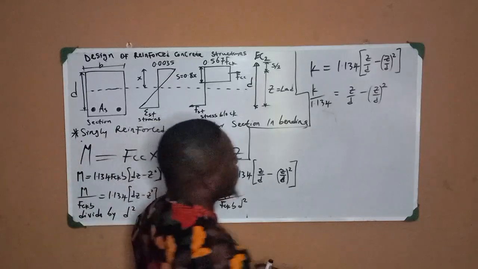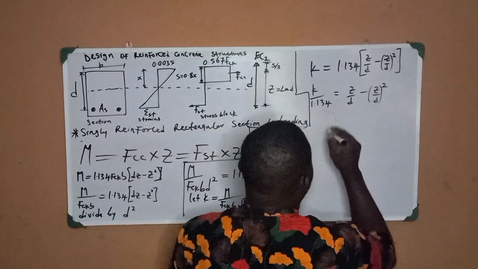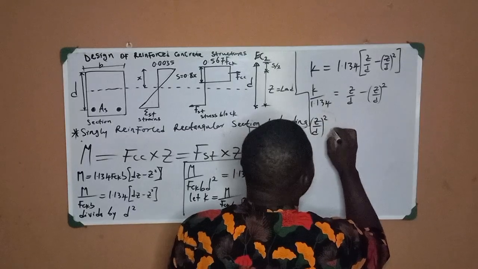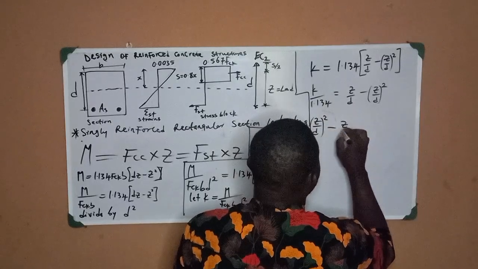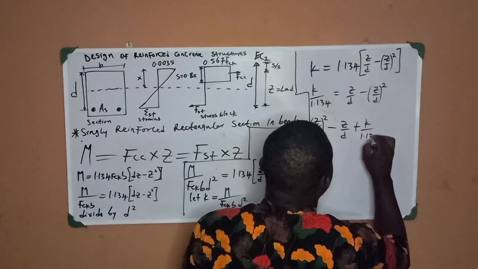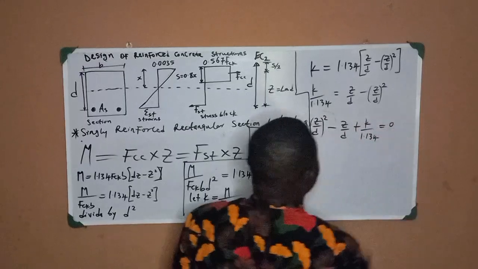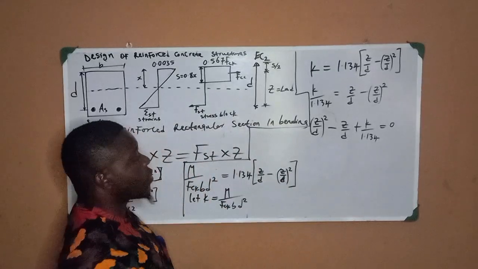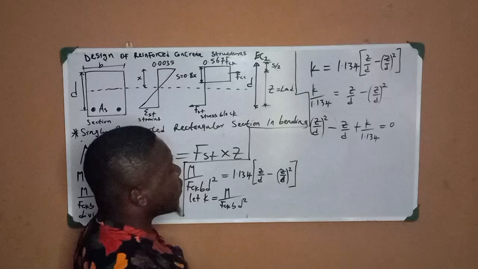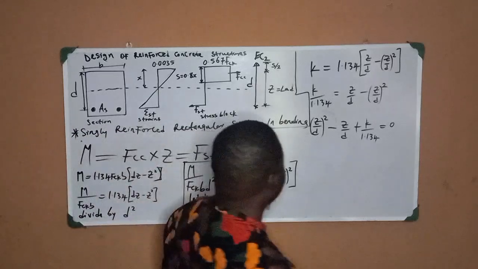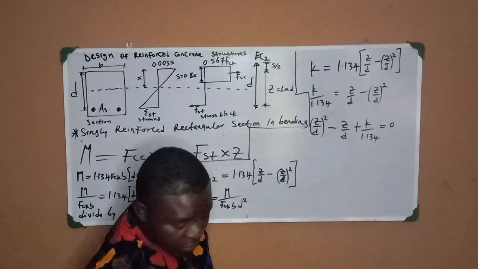Simplifying more, I have z over d all squared minus z over d plus k over 1.134 is equal to 0. Something like this is now a quadratic expression, so I can use the general formula for solving a quadratic equation.